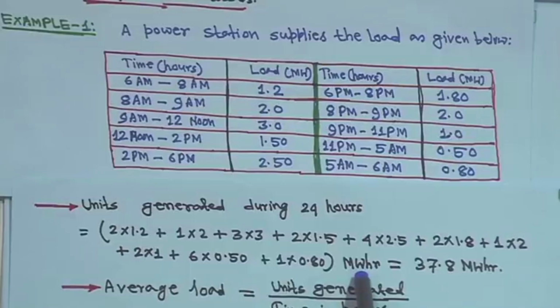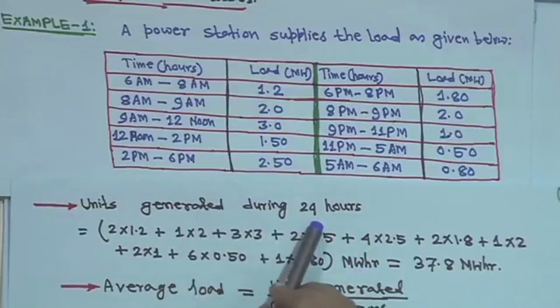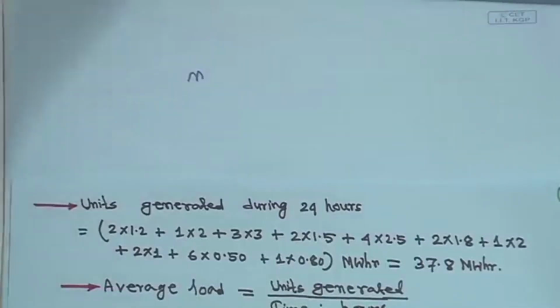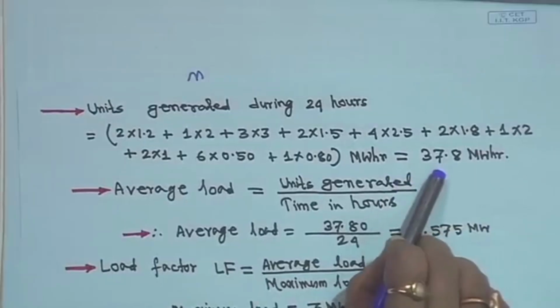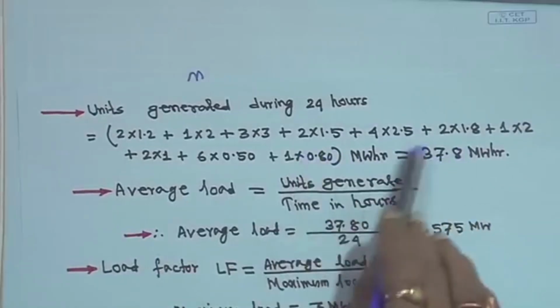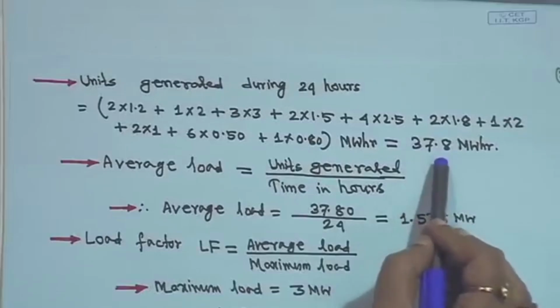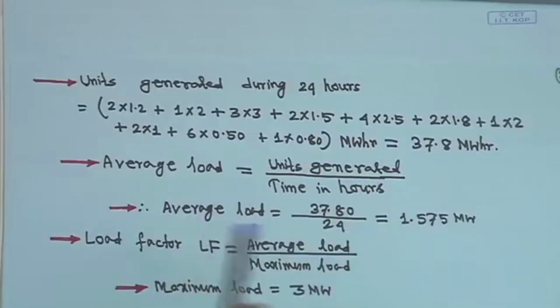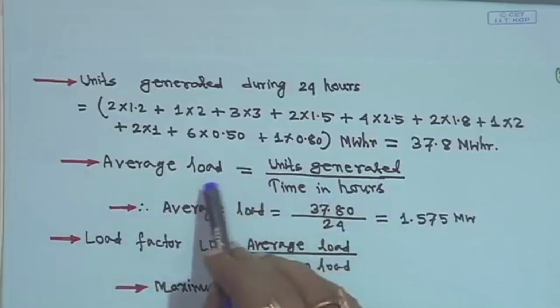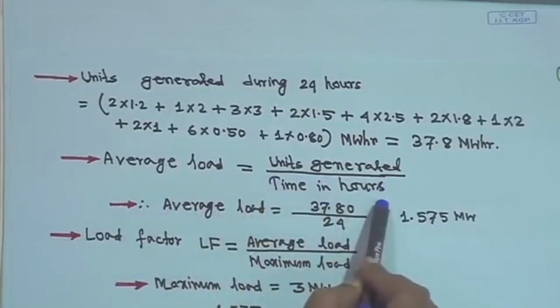This way you should compute the units generated during 24 hours, right. Once you have done this, after calculating all this, total units generated is 37.8 megawatt hour, right. Now, the average load is units generated divided by time in hours.